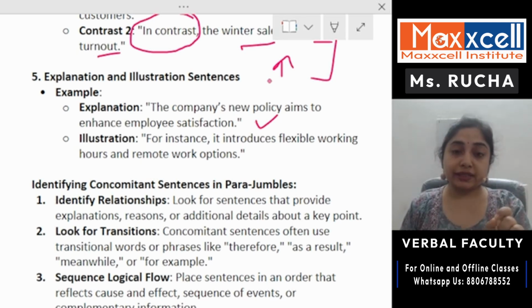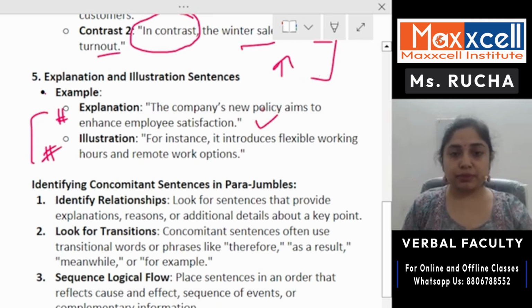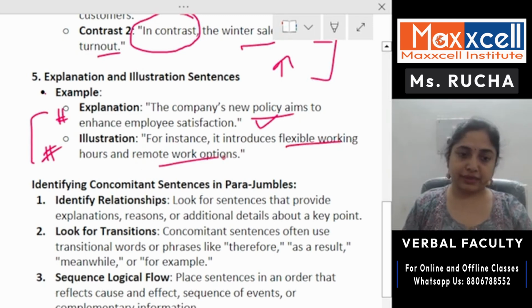Here we are justifying this explanation with the help of an example. Okay, so this is how these two sentences are related. The company's new policy aims at this, and for instance, it introduces flexible working hours and remote work opportunities, right?